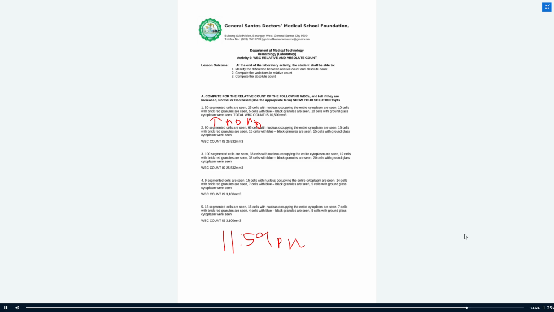Smooth. Okay, next is Torres, Renzi. Torres, can you turn on your camera? Sa ilalim ng puting ilaw. Galing, gumana. Panalo. Okay, Tolentino, EJ.